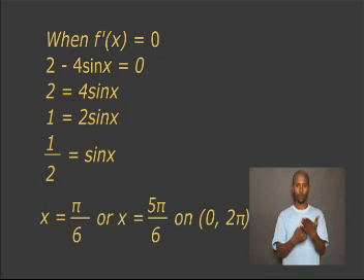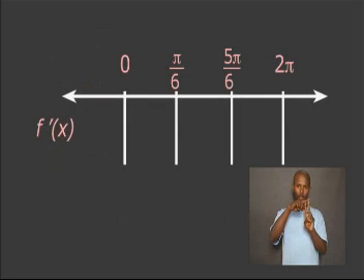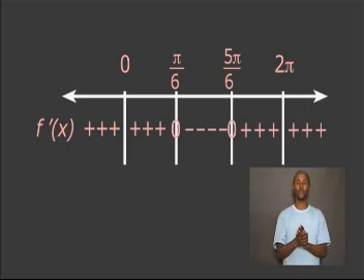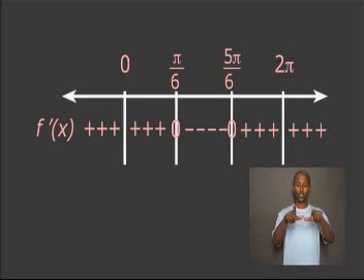Therefore, x equals pi over 6 or 5 pi over 6 on the interval 0 to pi. Now, let us make a sign chart. There, we are ready to find the local maximum and minimum.